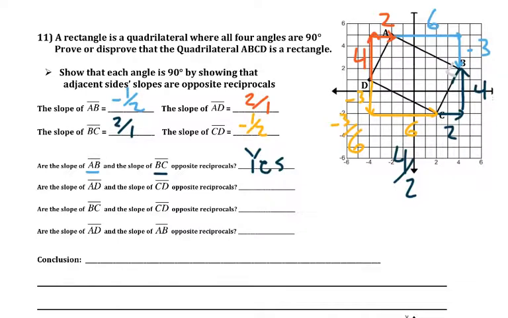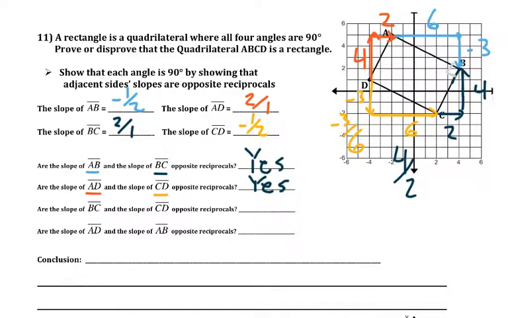To do this, we're just going to continue to compare the slopes of different sides. So the slope of AD is 2 over 1, and the slope of CD is negative 1 over 2. So those are reciprocals because the 2 and 1 switched places in our fraction, and one is positive, one is negative, so these are opposite reciprocal slopes.